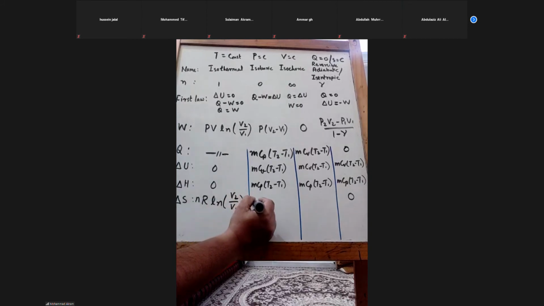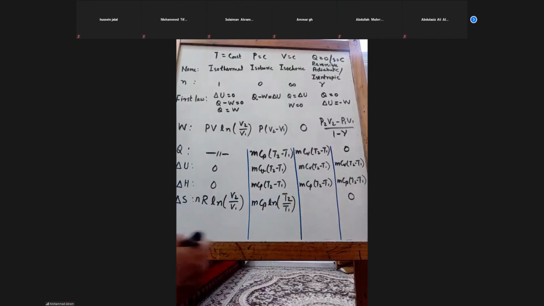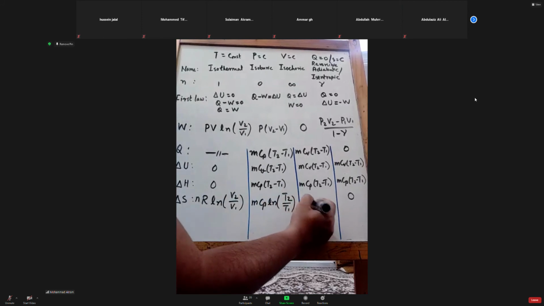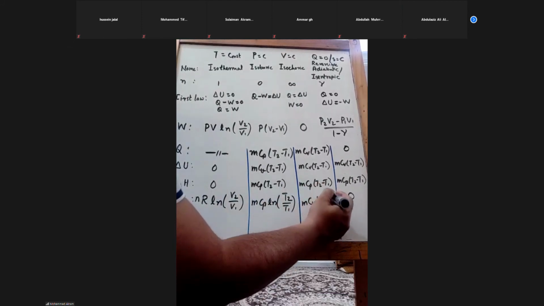Here it is M CP natural logarithm of T2 by T1. Here M CV natural log of T2 by T1.